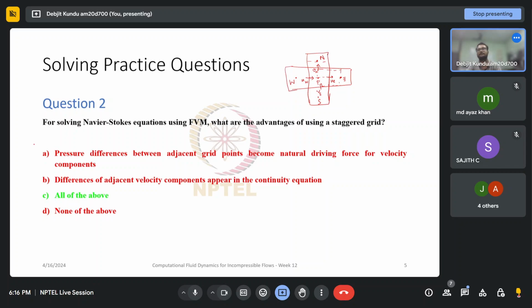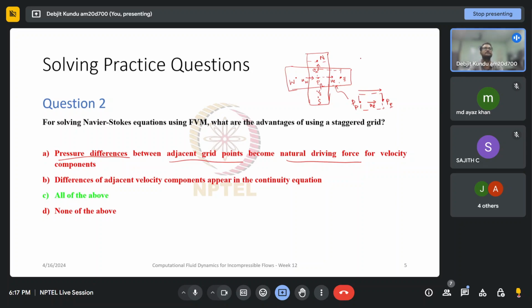The first point, that pressure differences between adjacent grid points become natural driving force for velocity components. So let's focus on this U cell. In between I have U small e, I have a pressure here at capital E, I have a pressure here at capital P. So you can see that within this control volume, it is the difference between the pressures on two faces of the control volume that becomes a driving force for this velocity UE.